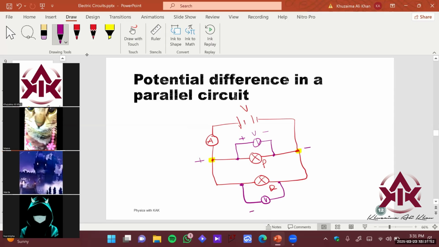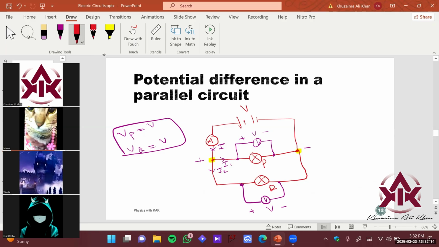So the voltage drop across parallel components is the same. The voltage across lamp P would be V. The voltage across lamp Q would also be V. However, the current would be dividing, which we have seen in the previous lecture: if we have current here, the current splits over here. However, the voltage remains the same.